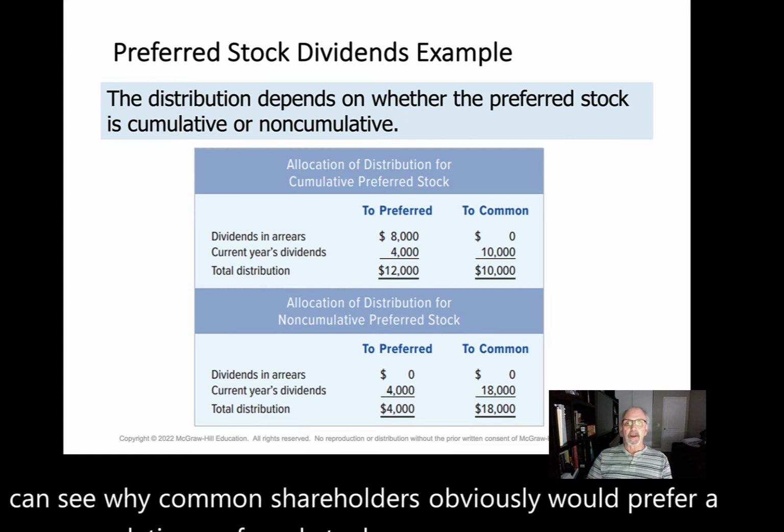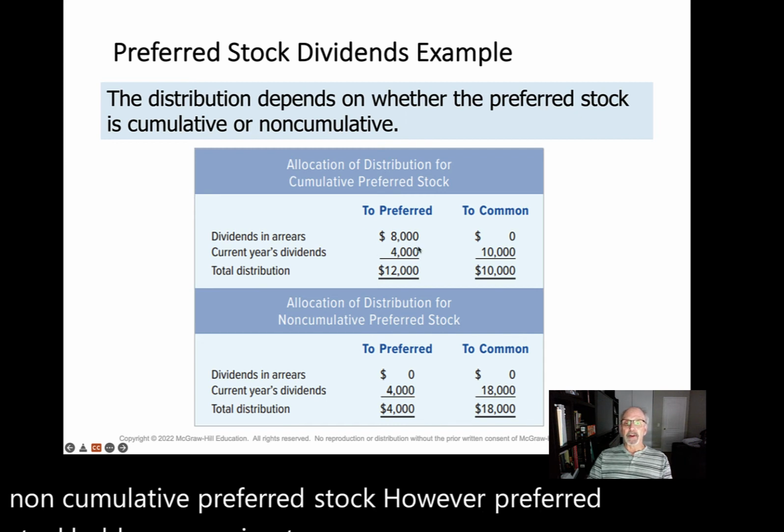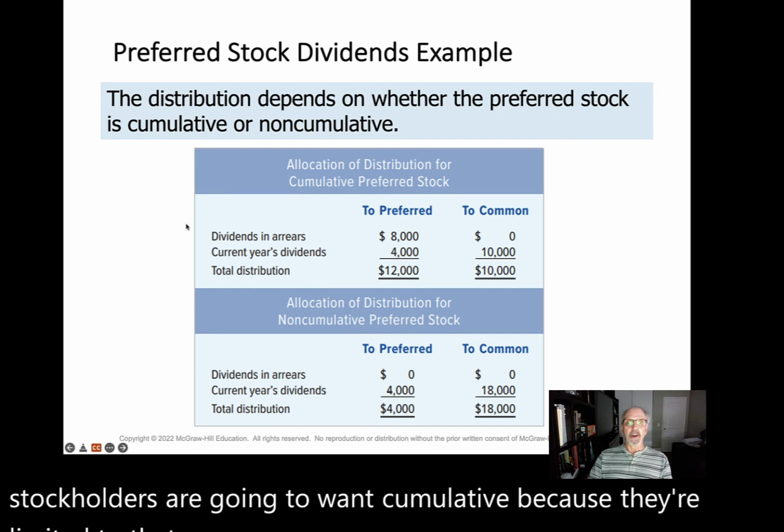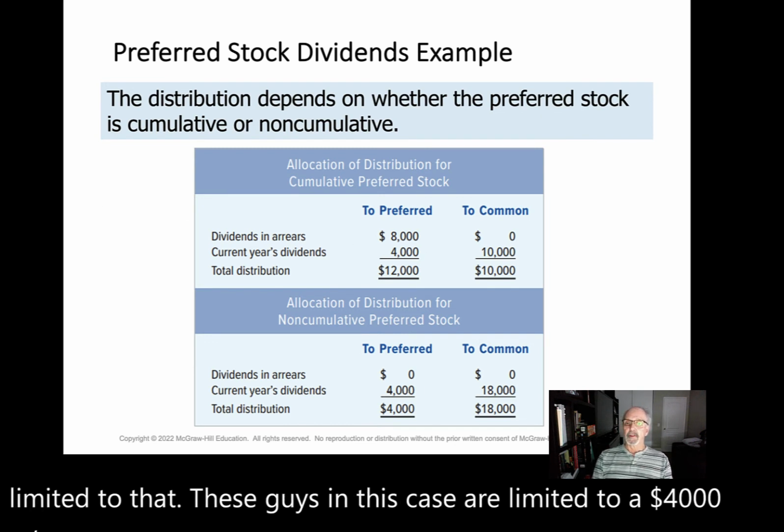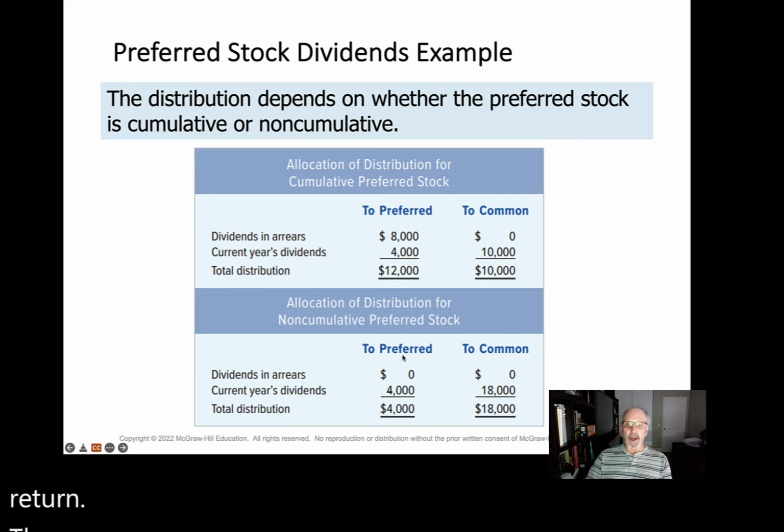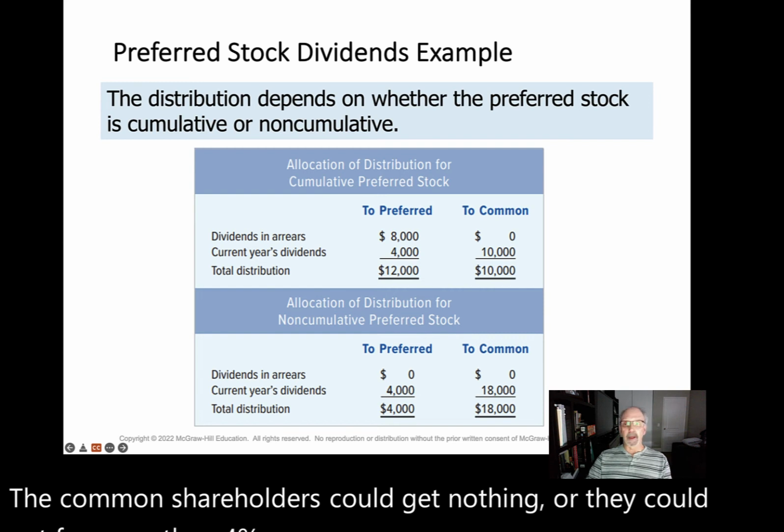However, preferred stockholders are going to want cumulative because they're limited to that. These guys in this case are limited to a $4,000 return. The common shareholders could get nothing, or they could get far more than 4%. All depends on what's left.